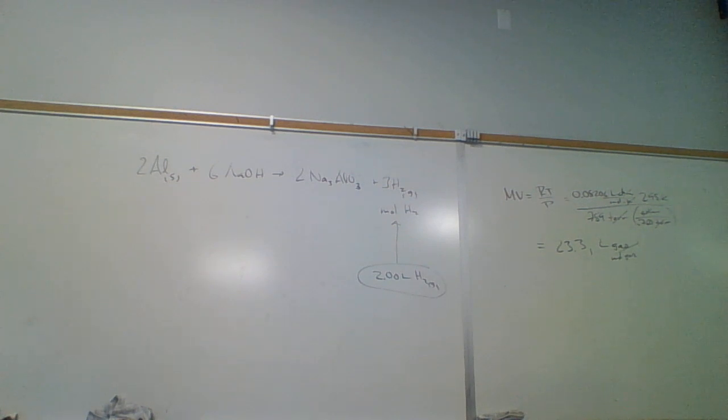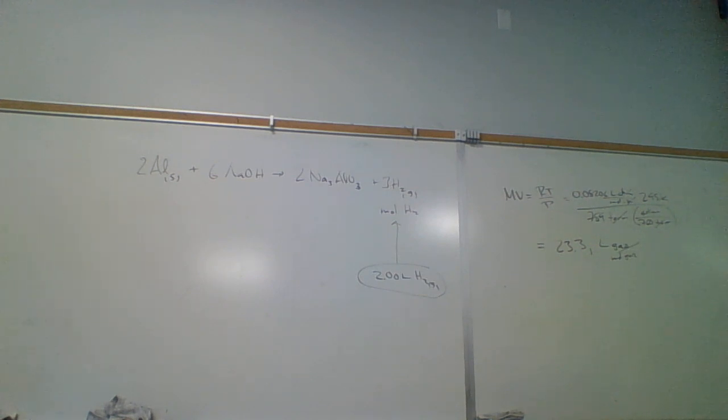And so we're going to use that as a conversion factor here. The first step in the dimensional analysis, we're going to go from liters of hydrogen, so 2.00 liters of hydrogen gas, to moles using the molar volume, 23.31 liters per mole. So 1 mole of gas occupies 23.31 liters of gas. This is hydrogen gas.